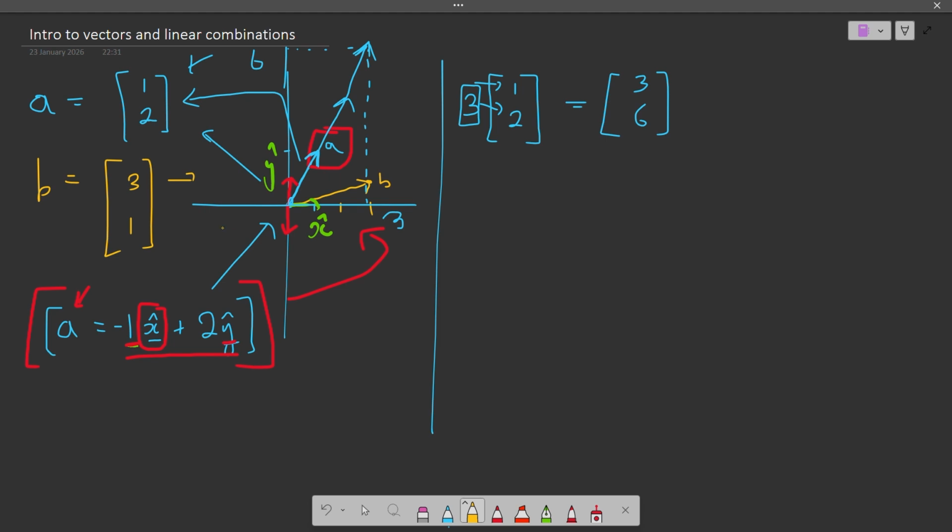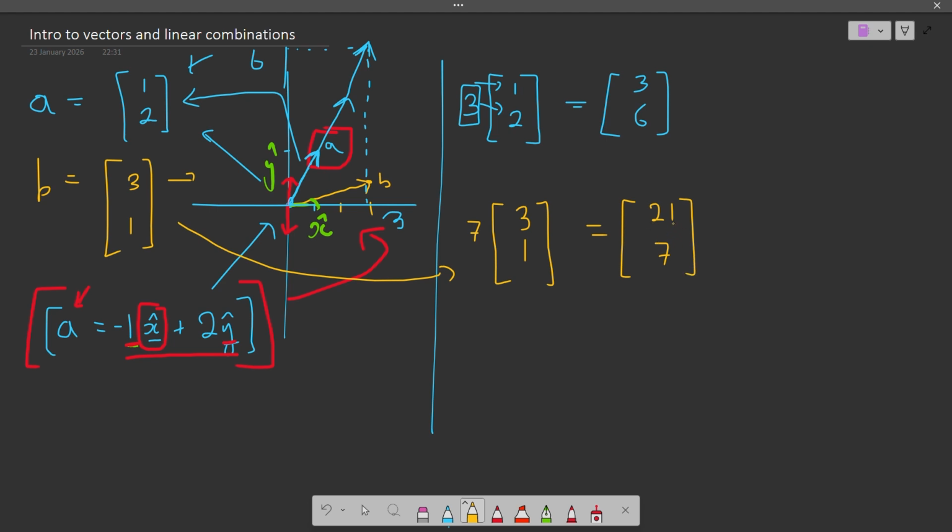So now let's similarly do that with B. If I say that I want to multiply the vector B with a scalar 7, you know how we do that. We can just multiply each of its elements with the scalar. So 7 multiplied by 3 would get us 21 and 7 multiplied by 1 would just get us 7.